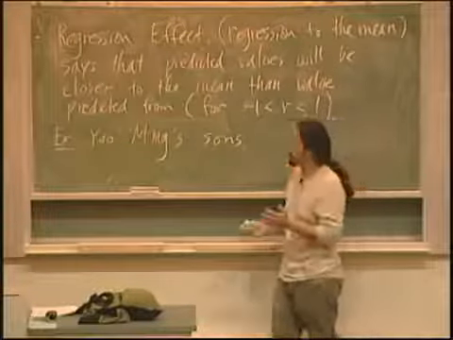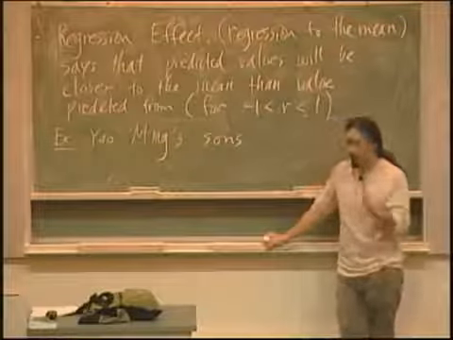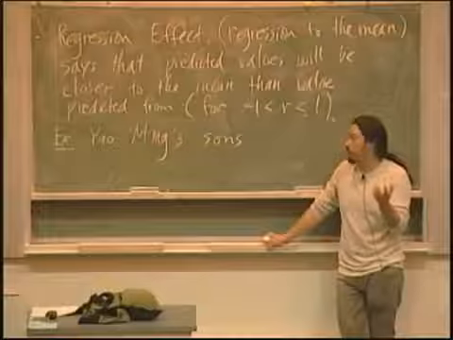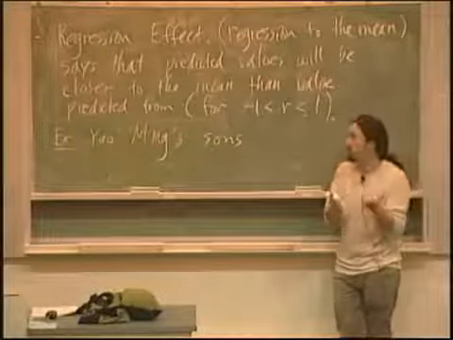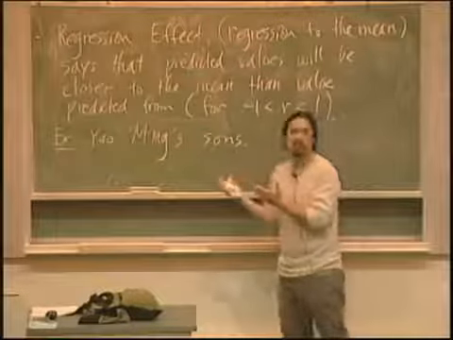So one way you might think about that is that Yao Ming not only has very tall genes, but he maybe got lucky in every conceivable way to manage to be as tall as he is, right?